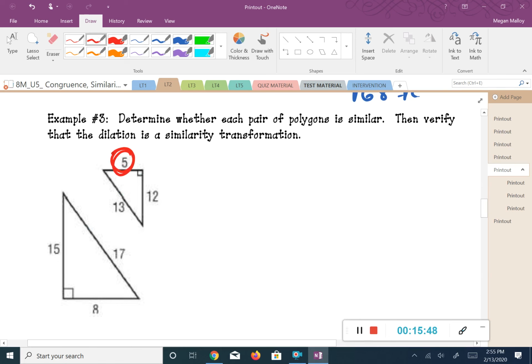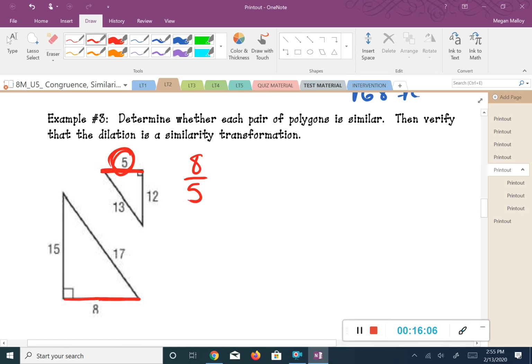So the 5 is going to be that bottom leg of the right triangle, which is going to correspond to 8. So we can do 8/5 or 5/8 for the purpose of identifying similarity. It does not matter which order you put them in.